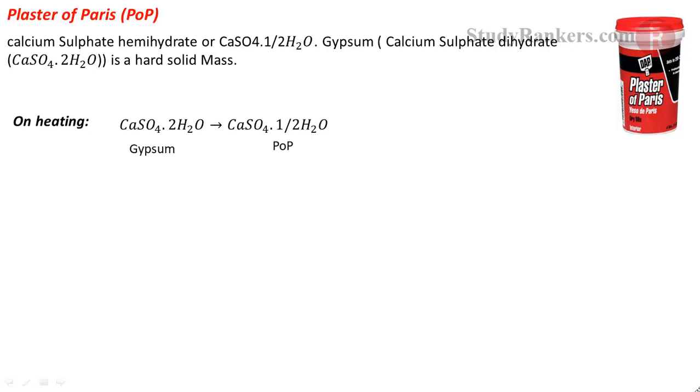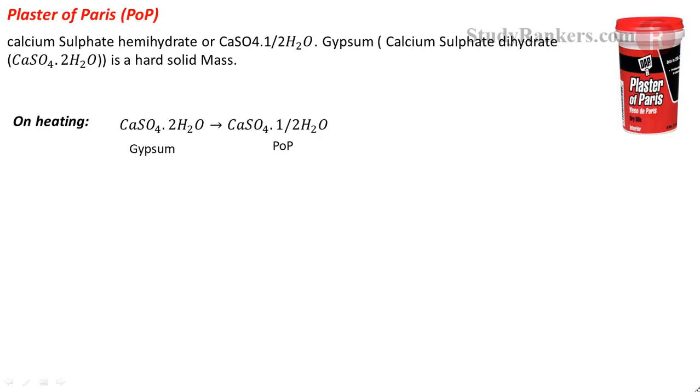When it is heated, it loses some water molecules and gets converted into calcium sulfate hemihydrate, CaSO4.1/2H2O. This equation represents the conversion of gypsum into POP. CaSO4.2H2O will give CaSO4.1/2H2O.